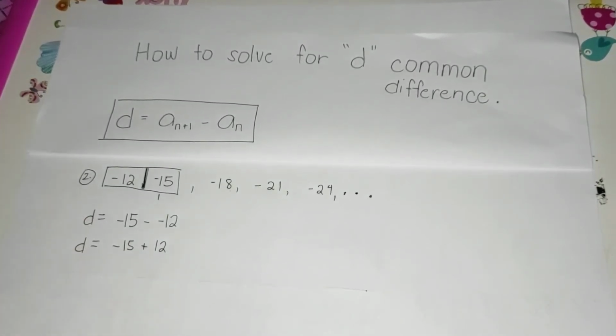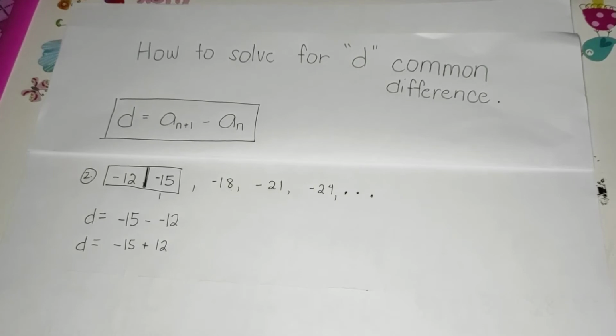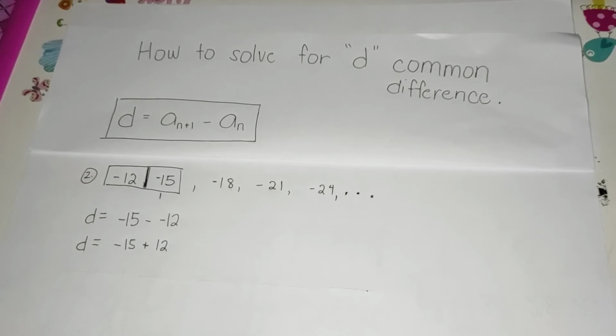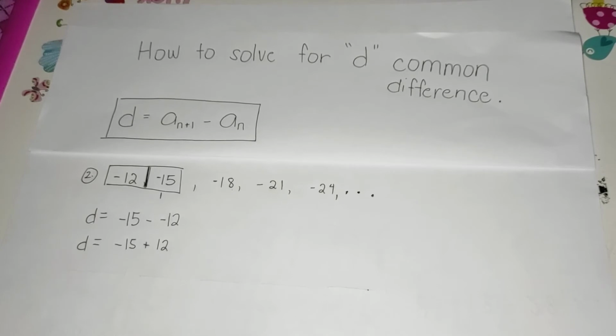By the way, one of the prerequisites for solving for the common difference, or ang mga kailangan nga skills, is you should be knowledgeable on operations of signed numbers. Dapat maaram ka kung ano't ginihimo kung double negative, kung nag-add ka hin negatives, kung nag-subtract ka hin negative o positive. All of those things dapat maaram ka, because if you don't, then diri ka mababaro nga pag-solve it common difference.